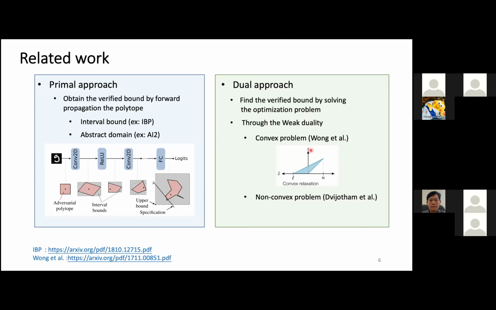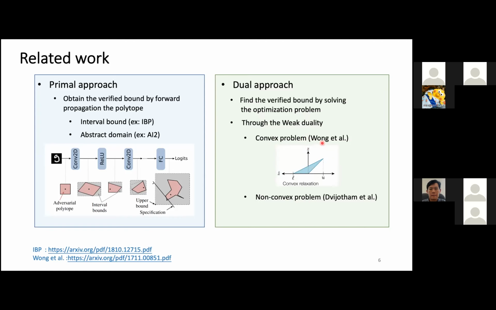So here I give you an example. This idea is proposed by Wong. Actually, it's a ReLU function here. And they use the obtuse triangle to envelope the ReLU function. So this time, the input-output forms a convex set. On the other hand, let's see the non-convex problem here.